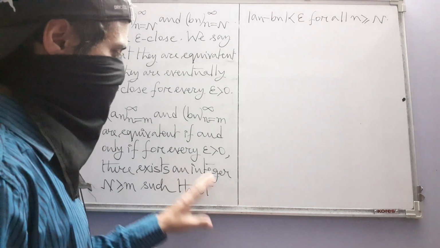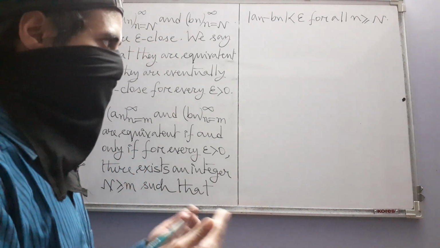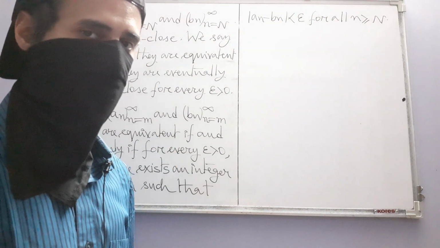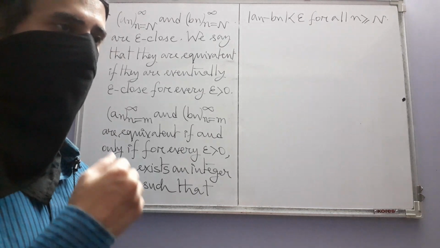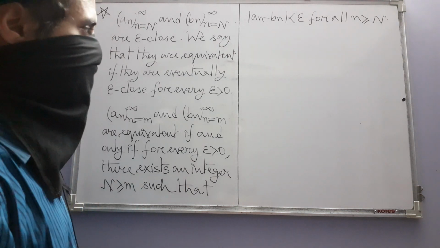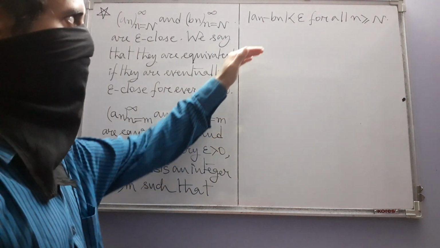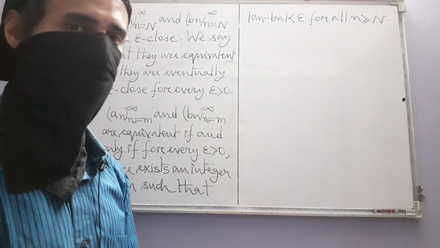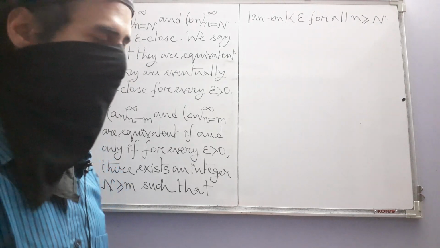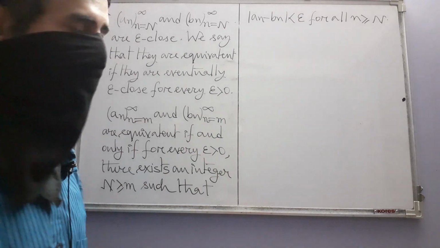Now, this notion of equivalence of sequences can be linked to uniform continuity, just like convergent sequences are linked to ordinary continuity. But before we see that link, we need some way of deciding whether two sequences of real numbers are equivalent, not using the definition, but using a result.